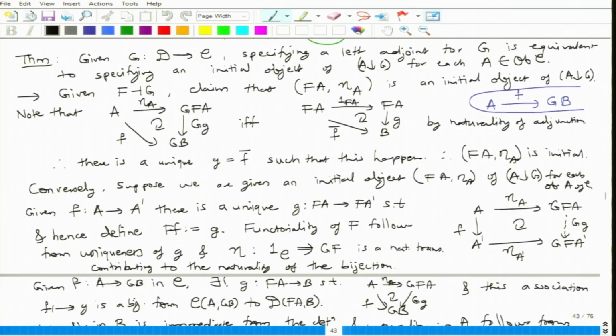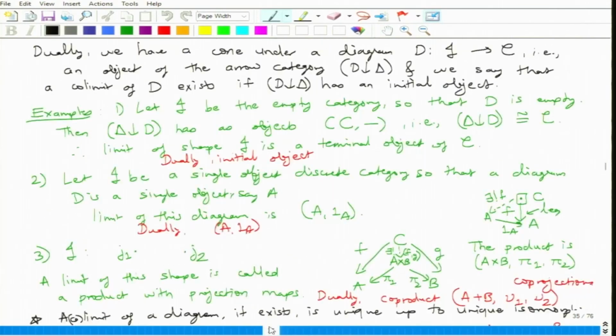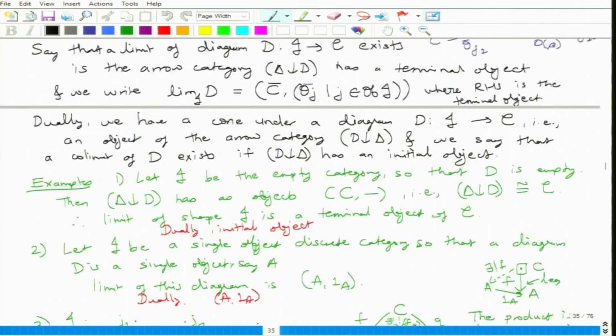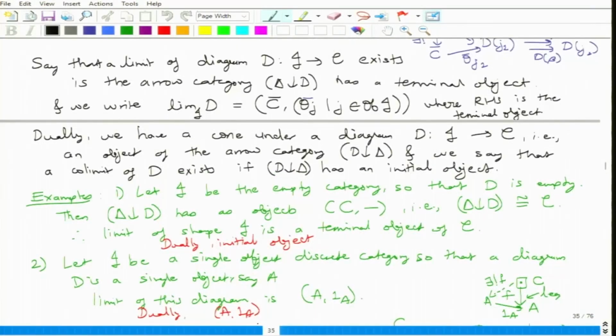Now, I want to draw your attention to something similar that we have seen before, and here it is. Say that a limit of a diagram D exists. What is that limit? It is the terminal object in an appropriate arrow category.